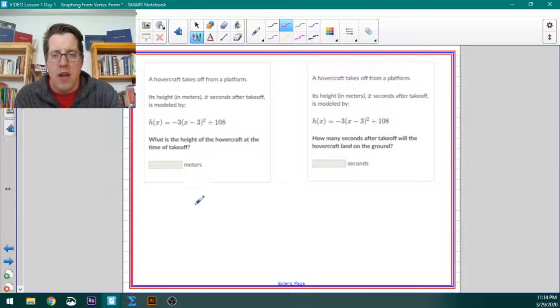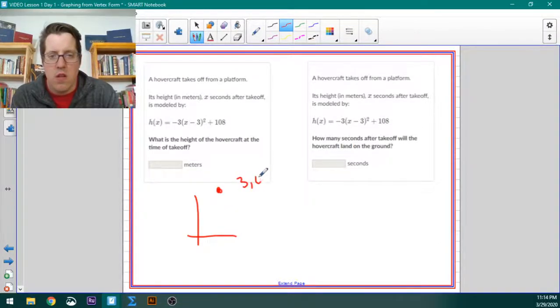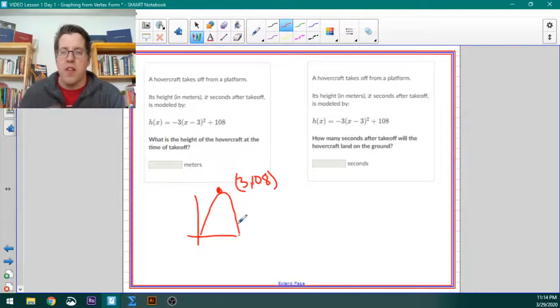Now, that equation is going to have a vertex at 3, 108, and it's going to open downwards. Now, we don't know exactly where it's going to land. That's kind of what we're trying to figure out. But that's the general path. The hovercraft is going to go up and then come back down.